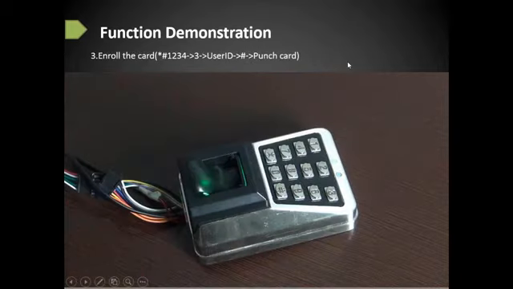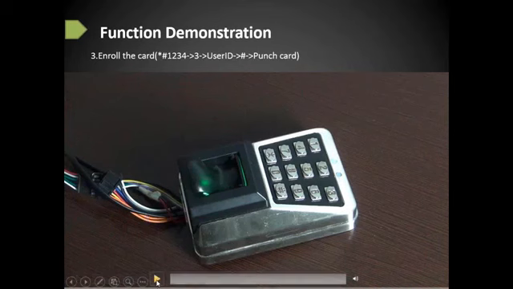So let's view number 3, enroll a card. Because there are 3 verification modes: the password, the fingerprint, and the card. Let's view how to enroll your card. Also the same step, you need to enter the administrator mode by inputting the star key, pound key, 1, 2, 3, 4.